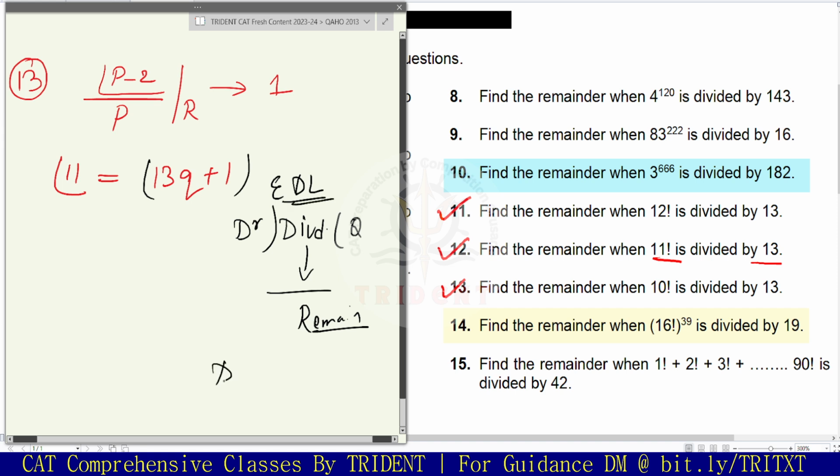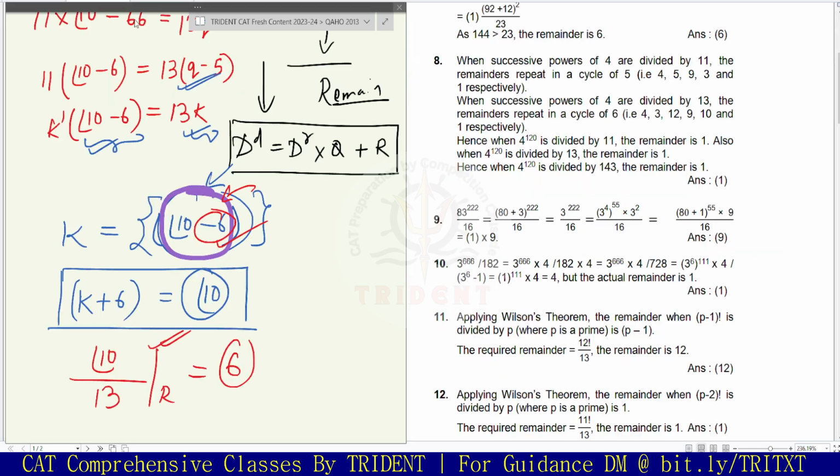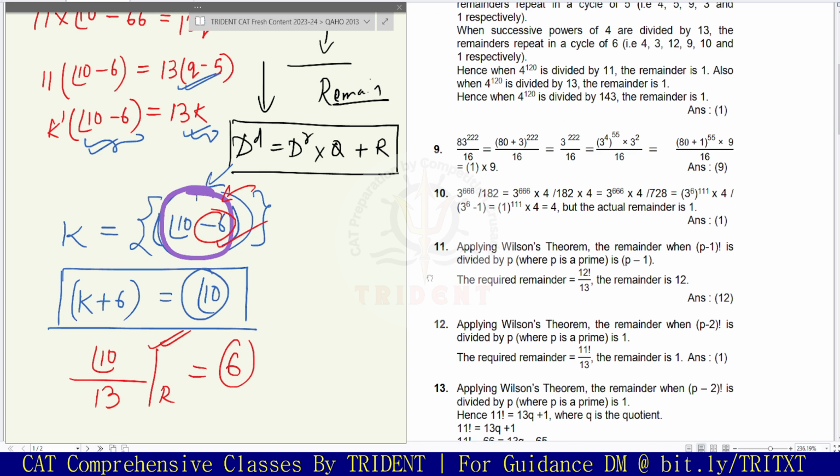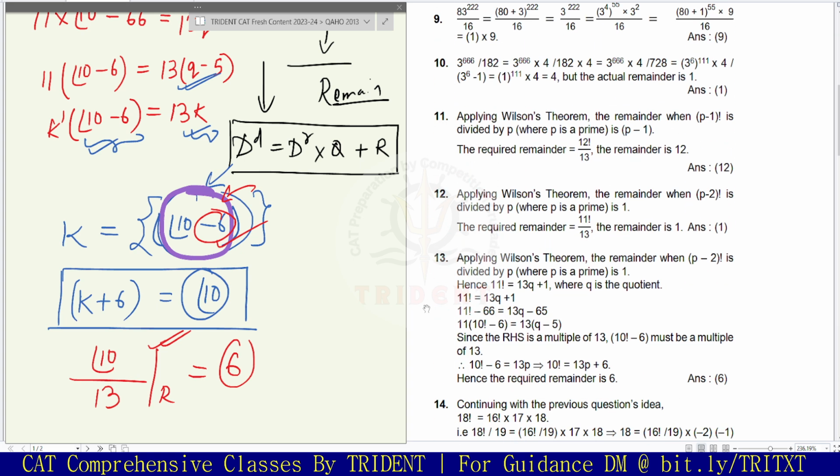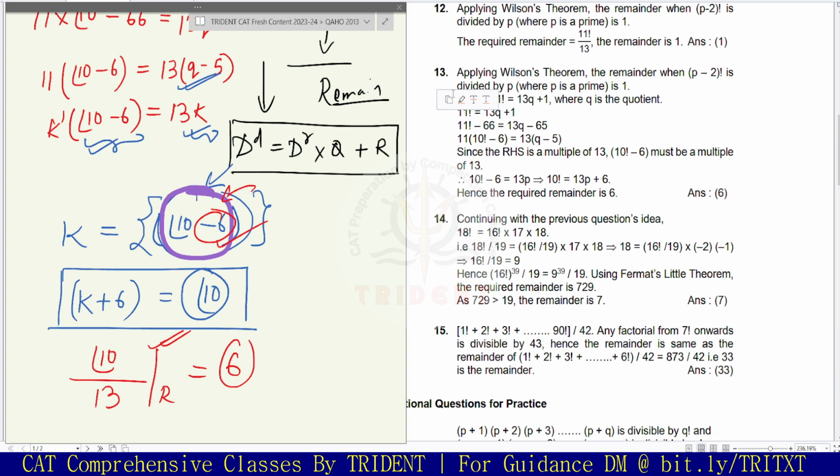If you don't know anything about remainders, at least this much you should know. I have taught you this in the concept classes. Here is the explanation if you must. 13.